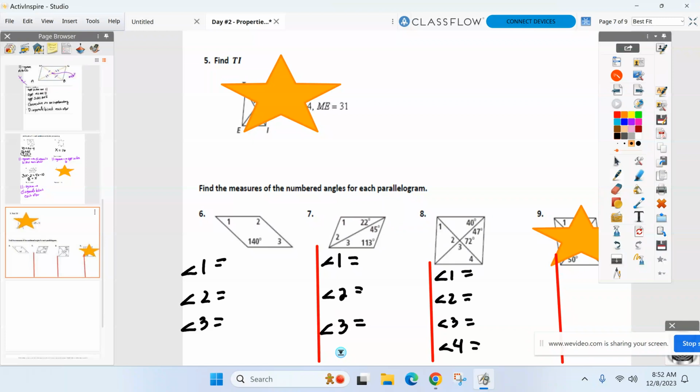Did you get? Oh, 2 is 72. I do know how to do it. Wait, so this is 61. So 61 plus 40 is 101. 79, so 3 is 79.